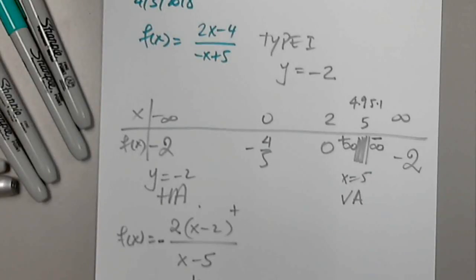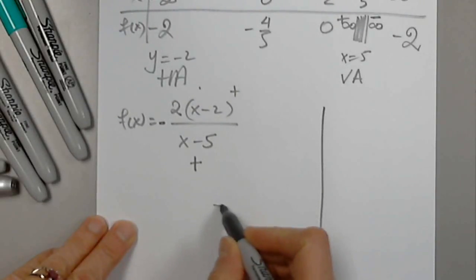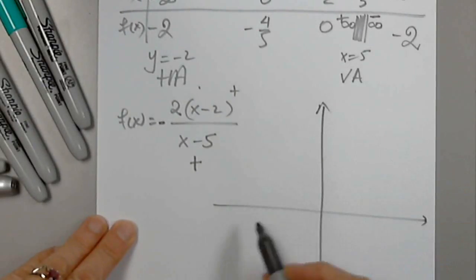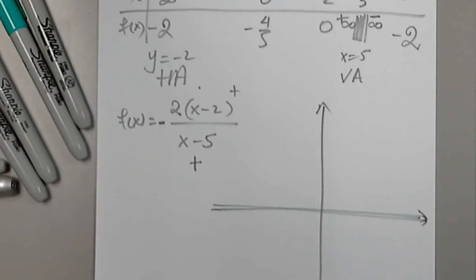On the other side, from -infinity to -2, below the horizontal asymptote, under the horizontal asymptote. Very good. So when we graph a function with asymptotes, what do we have to graph first?